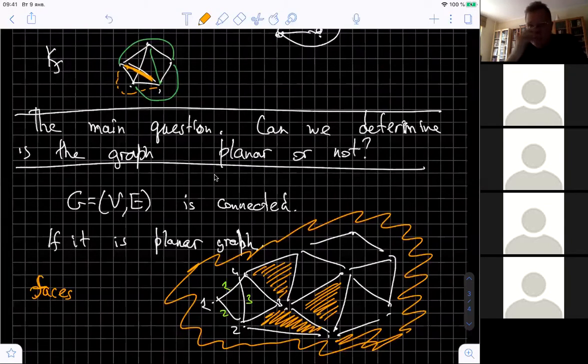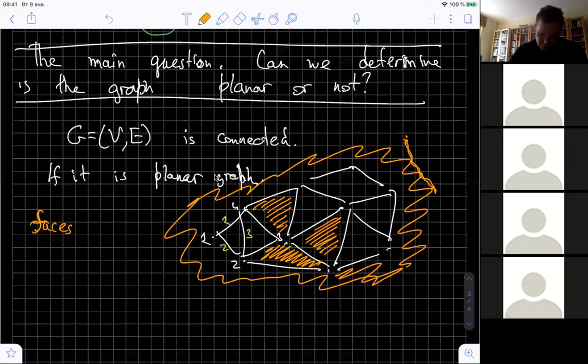It is just path-wise connected parts: the points that I can connect without crossing the edges of my graph. For example, here I can connect two of these points without intersecting the edges, so these two points belong to the same face.